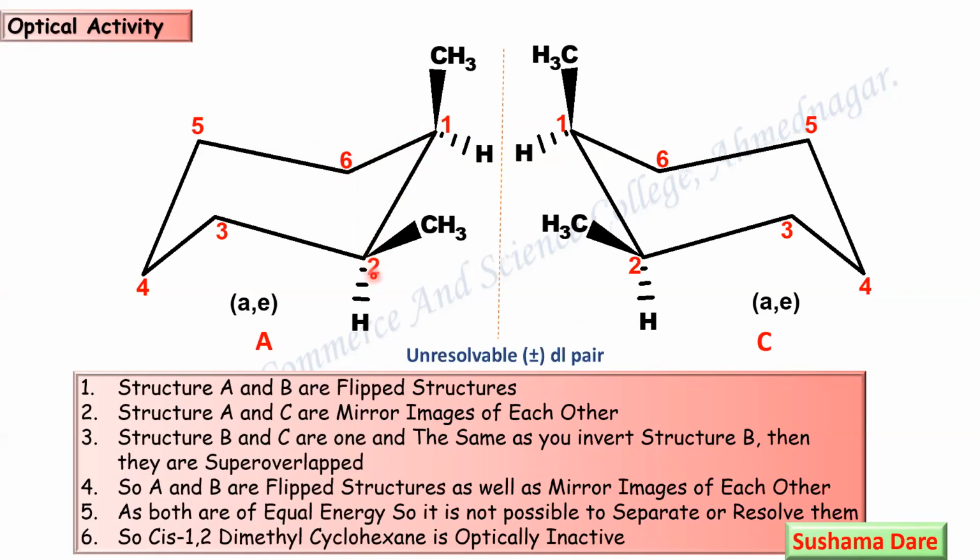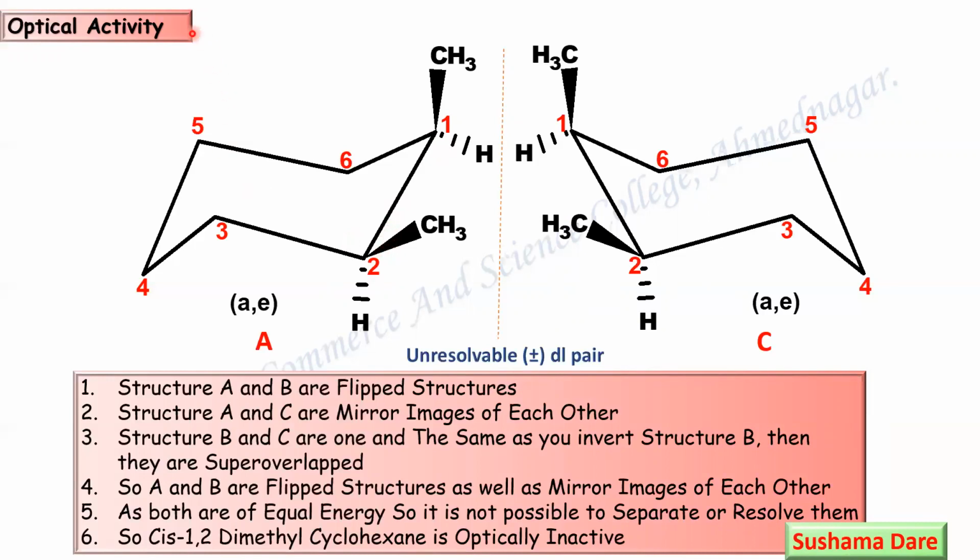Look at number 2: CH3, hydrogen, CH2 and CH. So 4 different groups are there again, so number 2 is a chiral carbon. So both are asymmetric carbons.